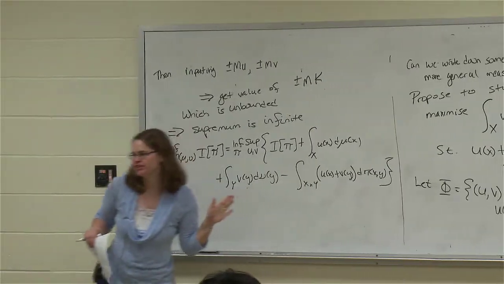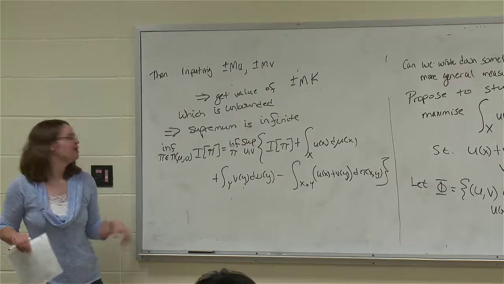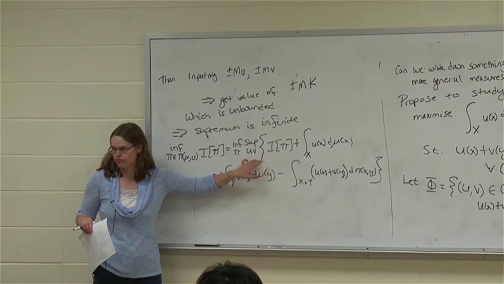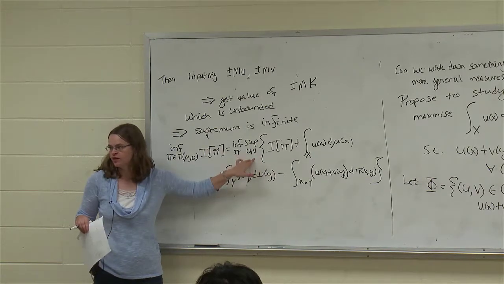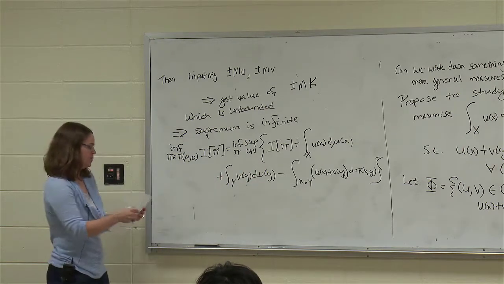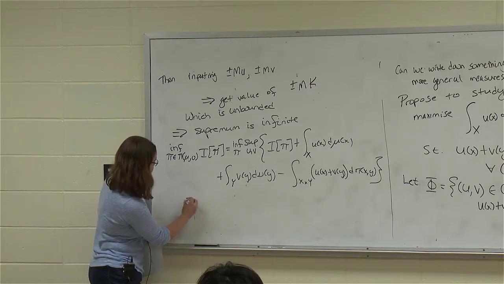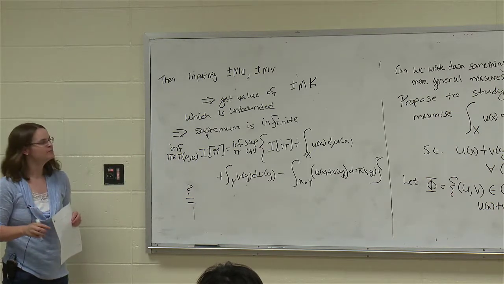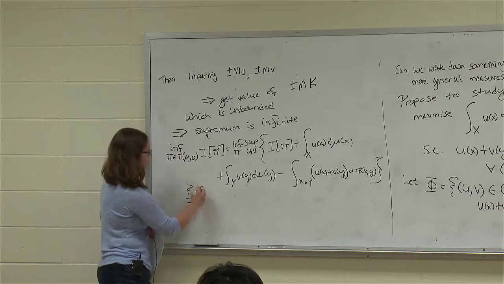So this is the sketchy step. The sketchy step is for me to say, here I have an inf and sup. Can I switch these around, and do a sup inf instead? So this, I'm going to put a huge question mark under, because this certainly doesn't have to work. Can I swap these things?